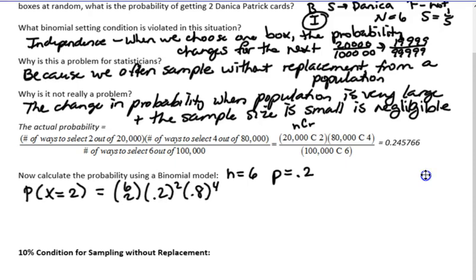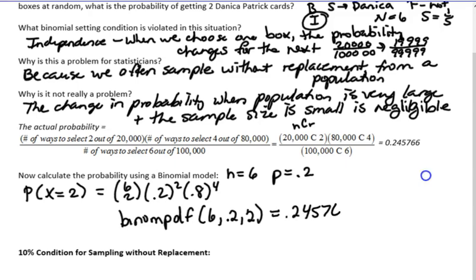And if we do this on our calculator with binompdf(6, 0.2, 2), we end up with 0.24576. Okay, how close are those? Very, very close. There's essentially no difference.